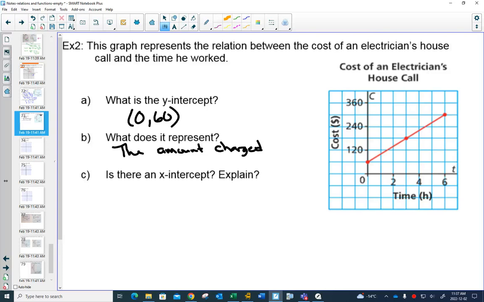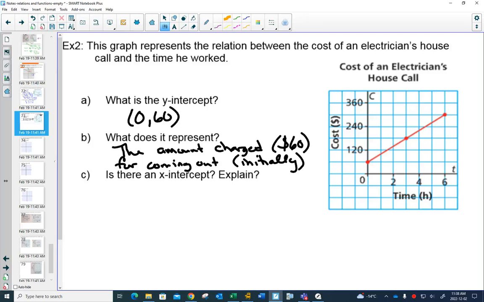We come there, you already owe us $100. If we come there and you say, no, we figured it out, you still owe me $100 for driving. Charged initially. You have some choice in your words as long as it makes sense in English: the amount charged for coming out, the initial cost.